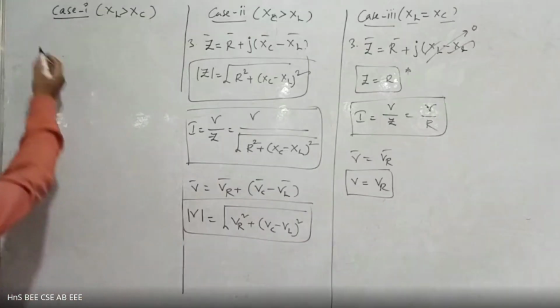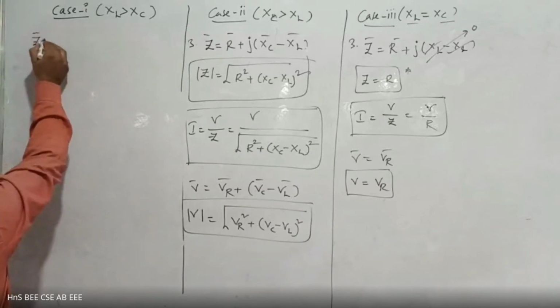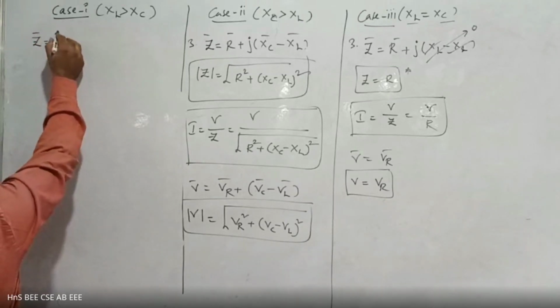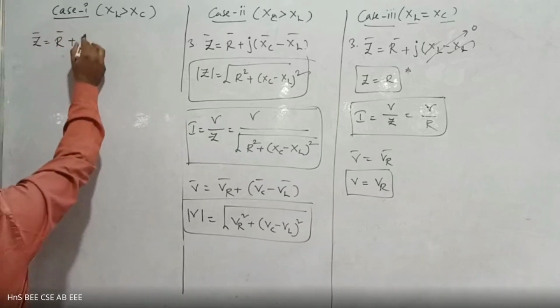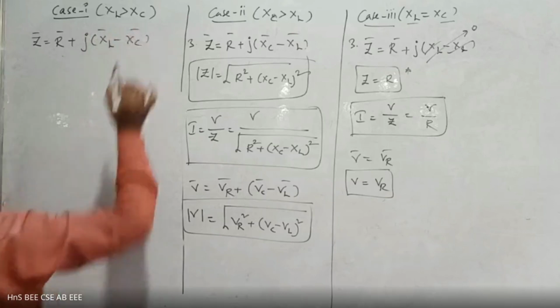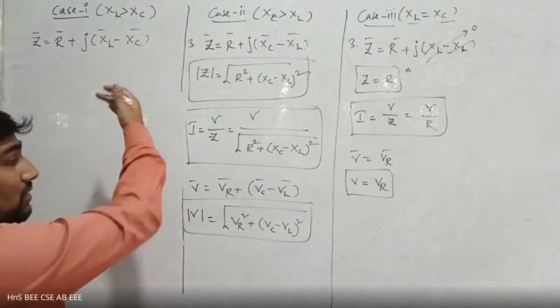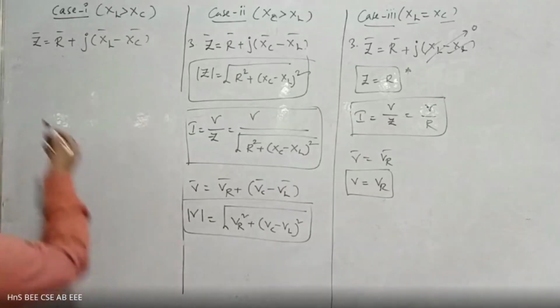So in case number 1, what is the equation? Step number 3, that is Z bar equal to R bar plus J into XL minus XC. This is our equation, step number 3. From this equation, we need to draw the impedance diagram.